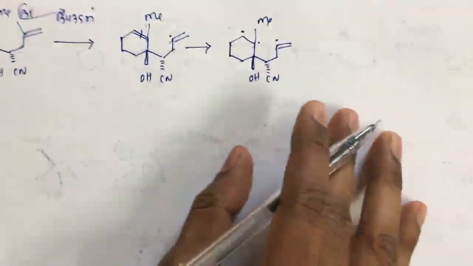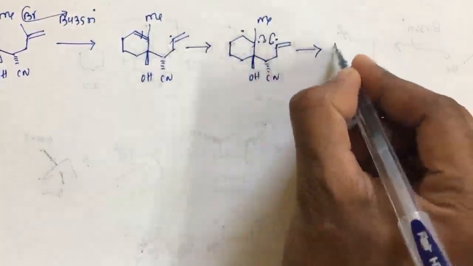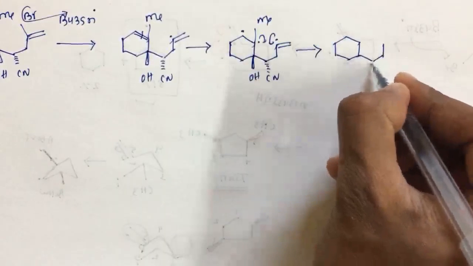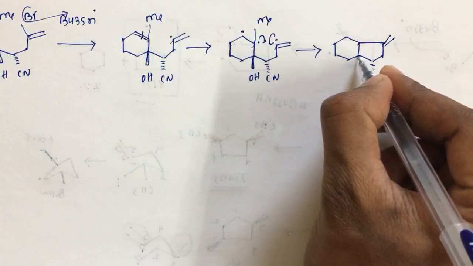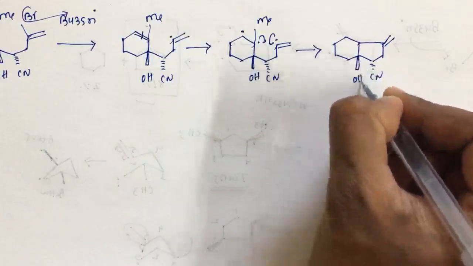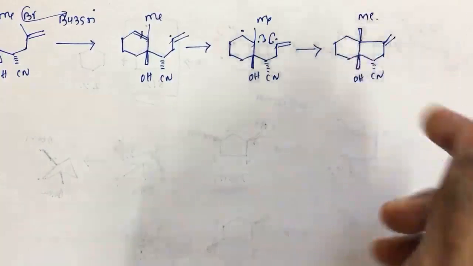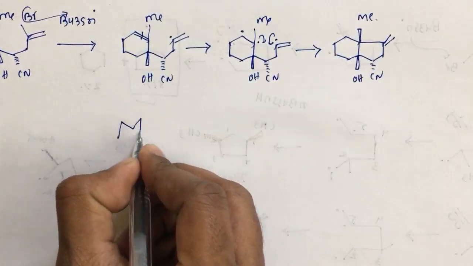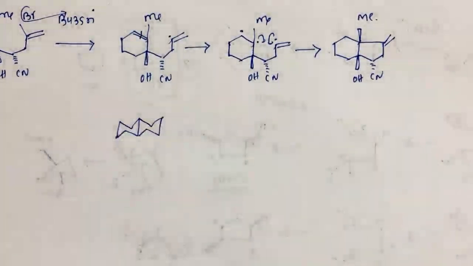So here also we'll get a 5-member ring, and these two form a bond. So here cis geometry is a major. So when we have two 6-member rings like this system, here trans is more stable.